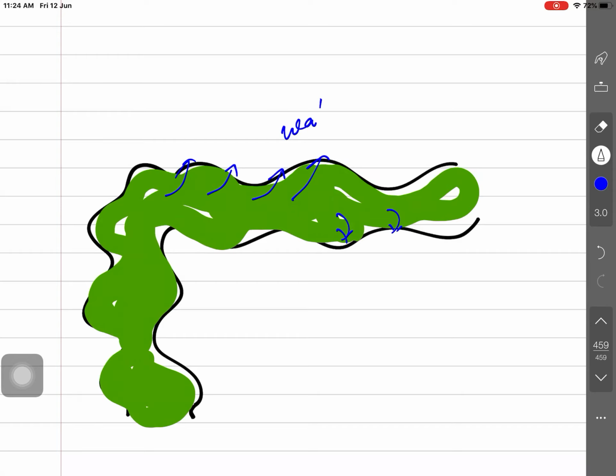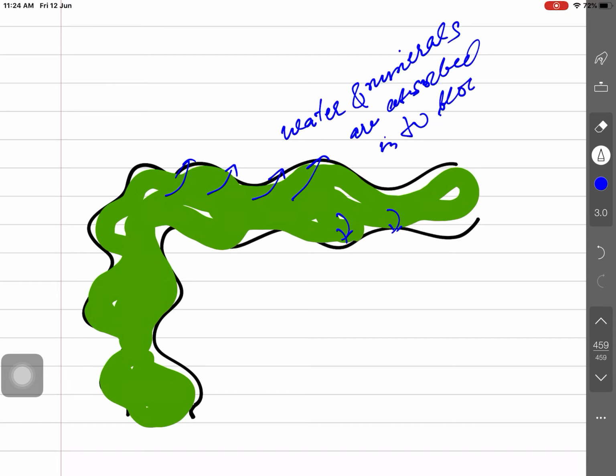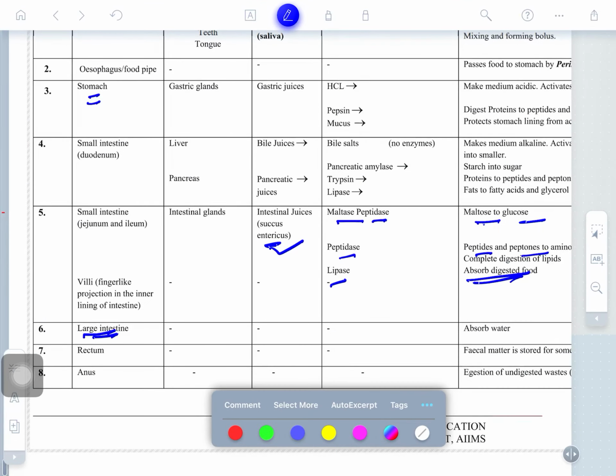So water and minerals are absorbed into the bloodstream. Well, you have understood the process. Everybody just has to know the process.